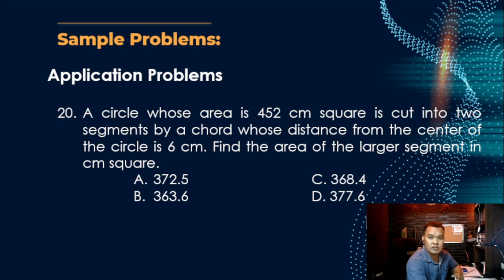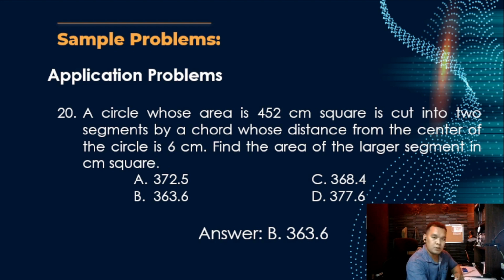Kaya nagkaroon ng konting decimal place or depende kasi yan sa nagpapa-exam, no? So, pwede niyang gawin na itong 12, ito ay 60, no? So, try to check na lang. Pero kung sakali, yung pinakamalapit po yung pinakasagot niya. So, we have here, the answer for number 20 question is 363.6 centimeter squared, which is letter B.